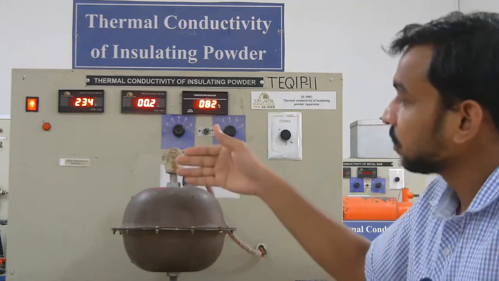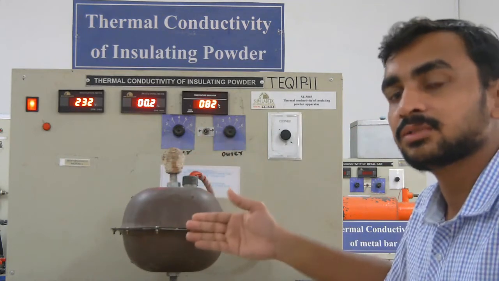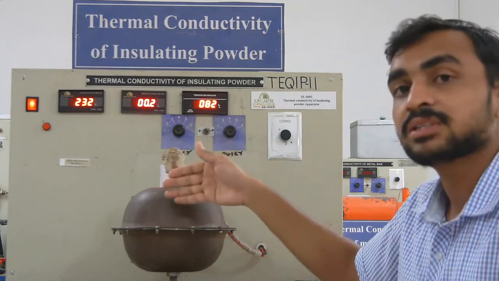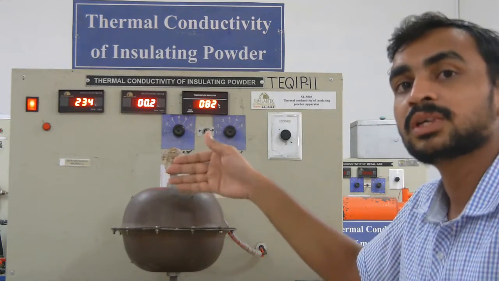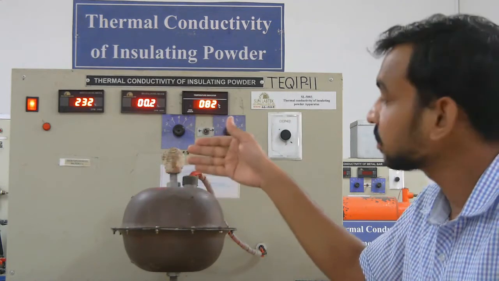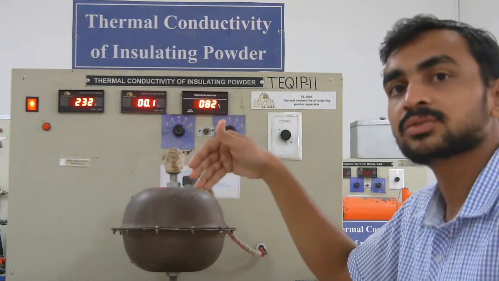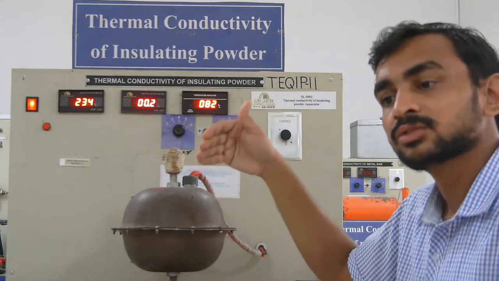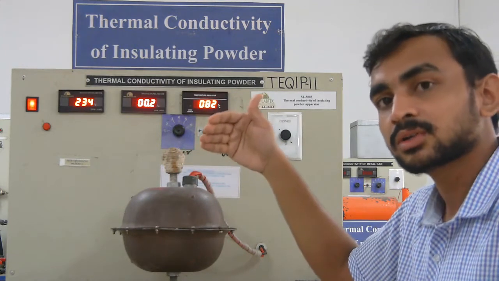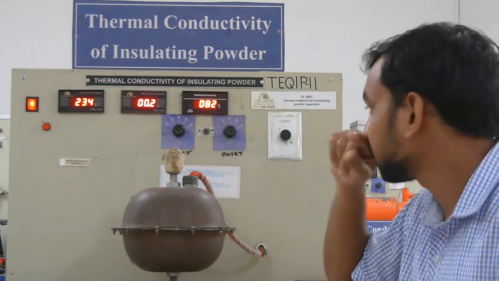Once the steady state temperature is achieved, the temperature of the chalk powder will no longer increase. That means the complete power supply to the heater must be dissipated to the outer surroundings, so that the temperature of the chalk powder will not increase.